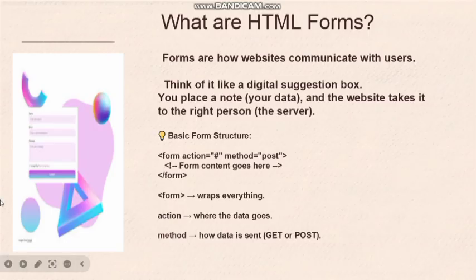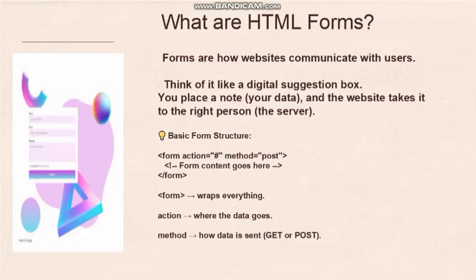We have the basic form structure: the form tag with action, method post, then the form contents go inside here and you close the form tag. The form tag wraps everything together, telling the HTML page that this particular section is a form. Now the word action is where the data is being sent to.